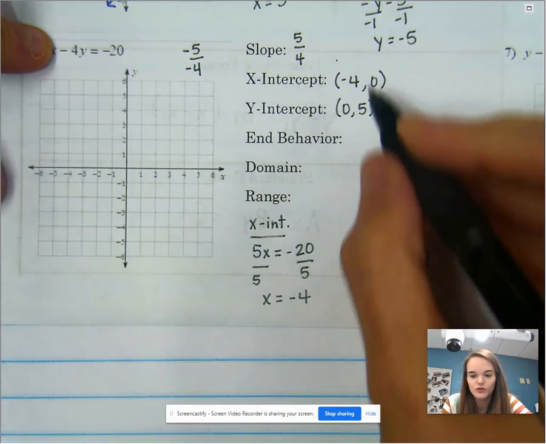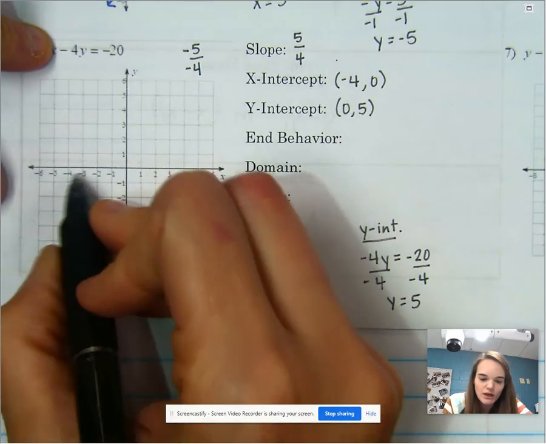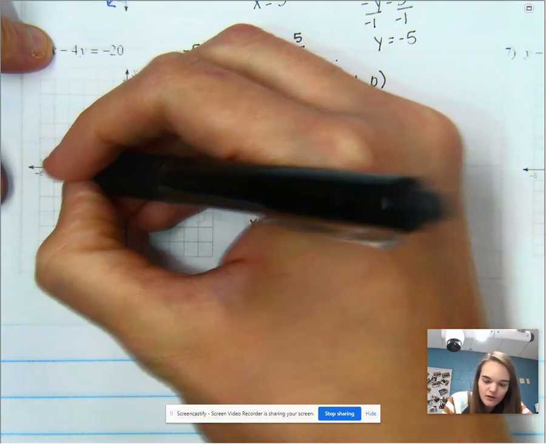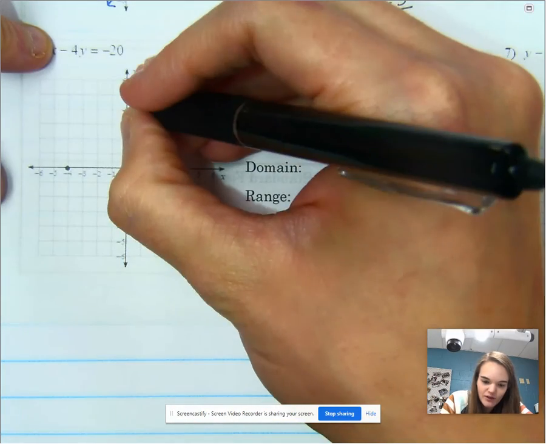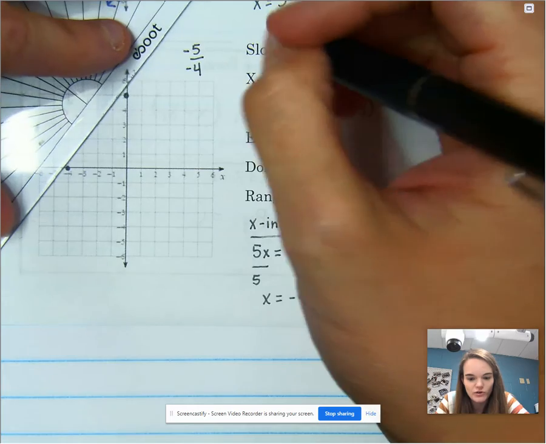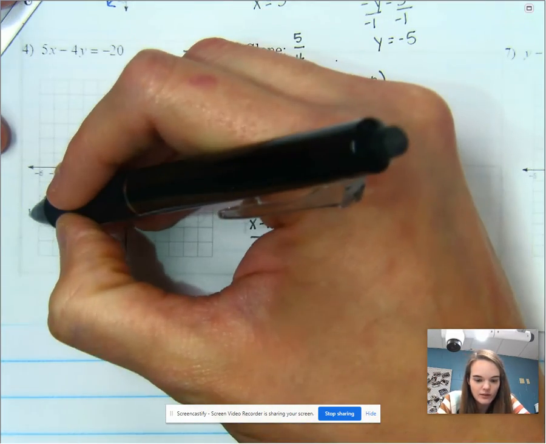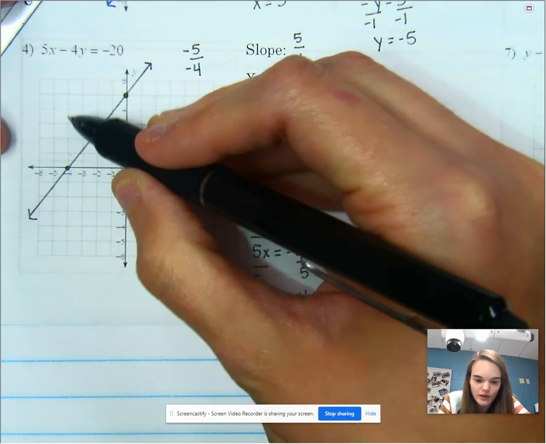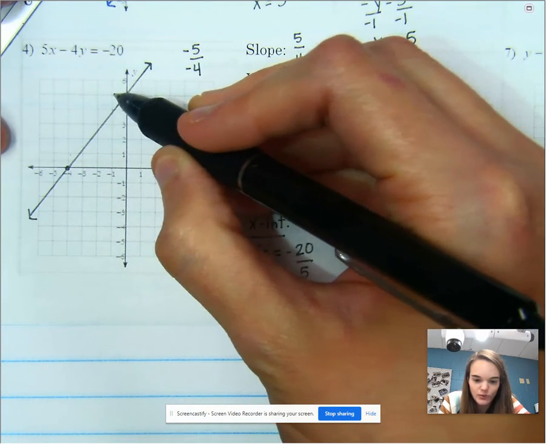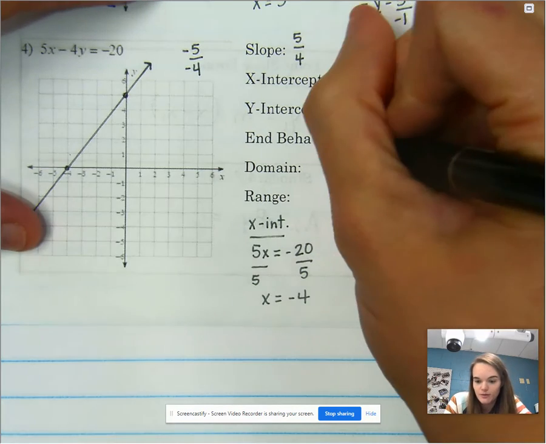And I will graph these 2 points, or one of these points in the slope. I'm going to graph the 2 points. So negative 4, 0 is here. 0, 5 is here. I'll check the slope, though. Always check your slope. Use a straight edge, all that stuff. Okay, it is going up 1, 2, 3, 4, 5, and over 1, 2, 3, 4. So my slope is correct. We're good. In behavior.